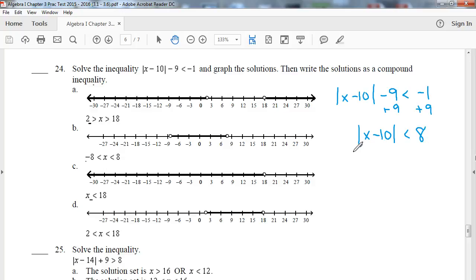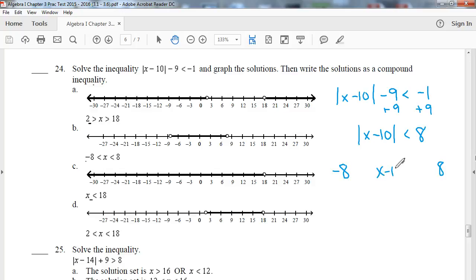And we talked in my classes about when you have this absolute value, that means the distance of the stuff inside from 0. And if it's less than, that means it's within. That's between. That's going to be an and compound statement. And our two endpoints then are going to be negative 8 and positive 8.